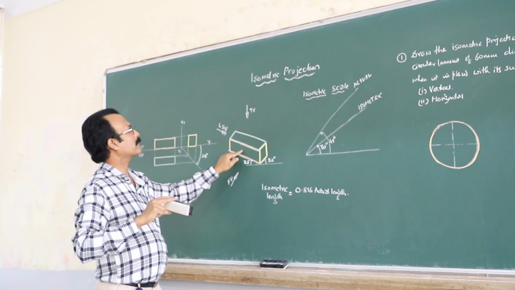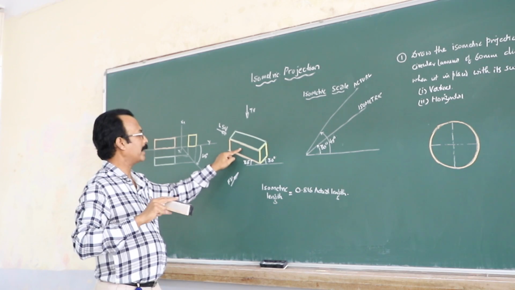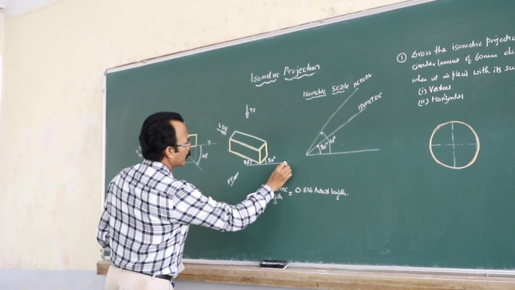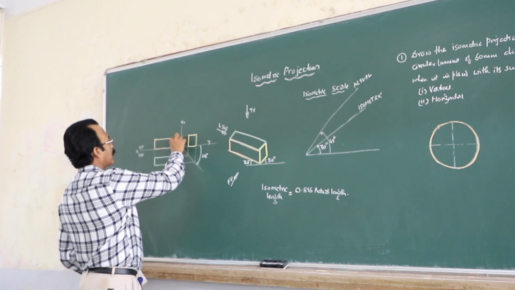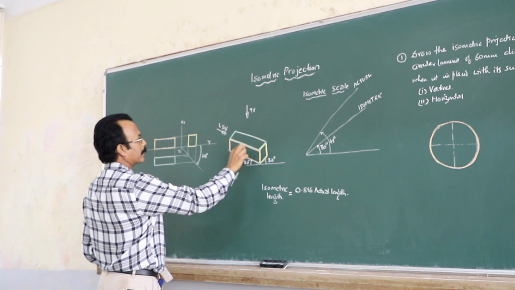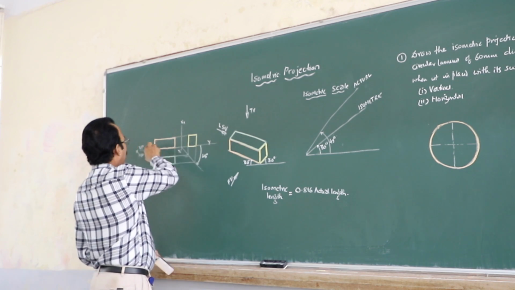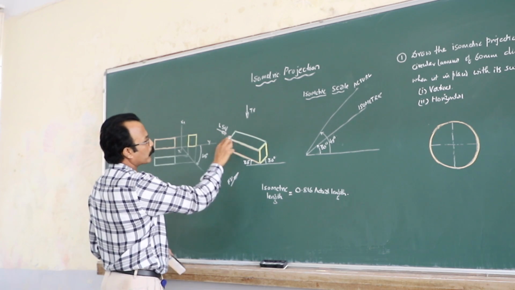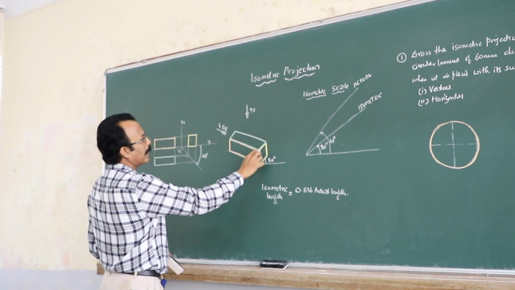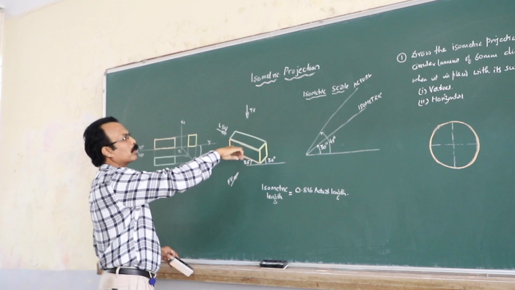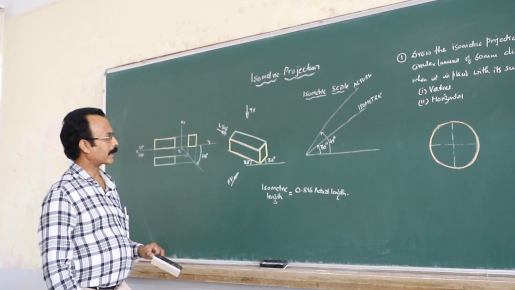This is your horizontal, and this front view I have drawn here, and this top view I have drawn here, and the left side view, when you look from here, can be seen here. So, this is called the isometric projection, right?